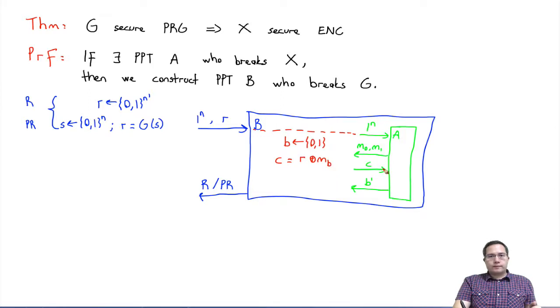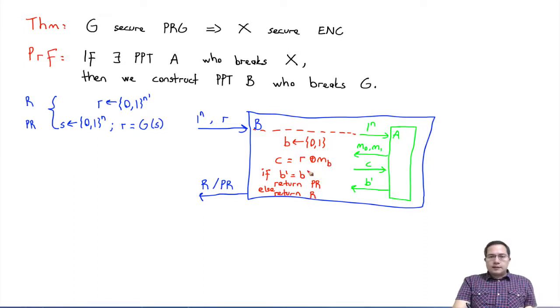Now it receives back some B prime from the adversary. We have two options. If this B prime is indeed equal to b, so the adversary guessed correctly, then we will return as output pseudorandom, else B will return random.